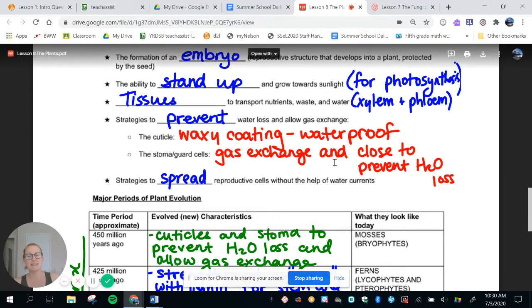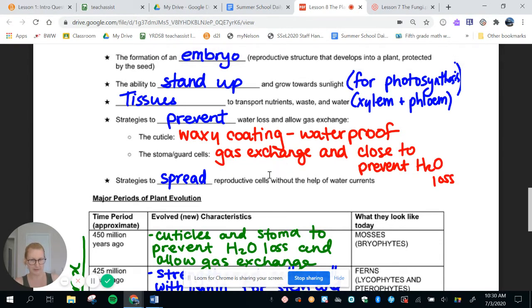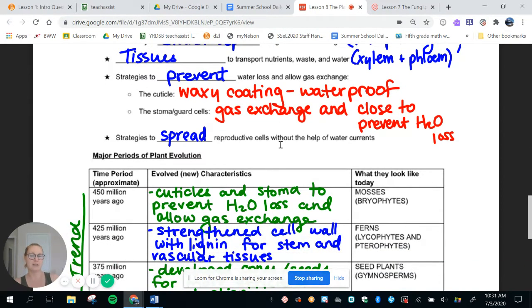And last but not least is strategies to spread their reproductive cells. I was mentioning just earlier the flower. Well, the fruit is actually one such strategy, which is used to spread those seeds out. So if you think about the fruits that we get, they're usually very sweet. They are energy dense, right?